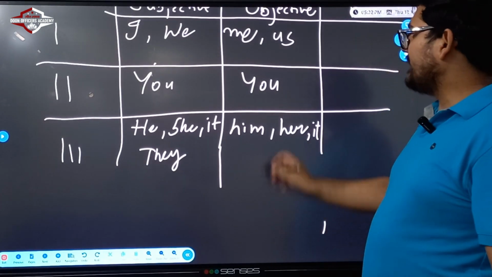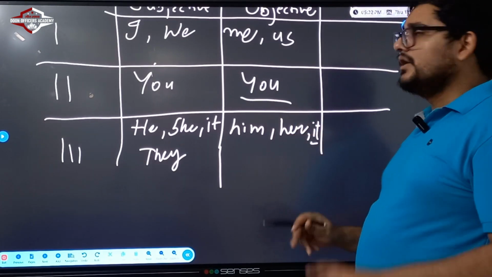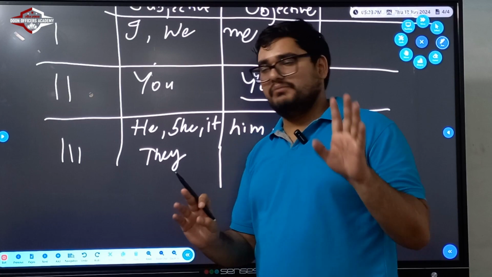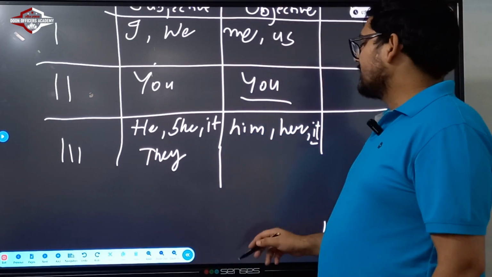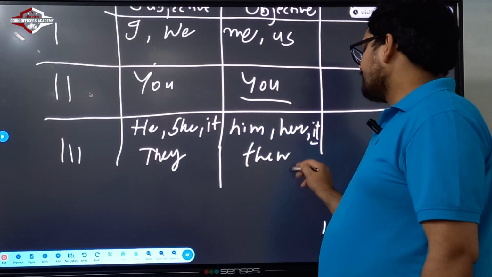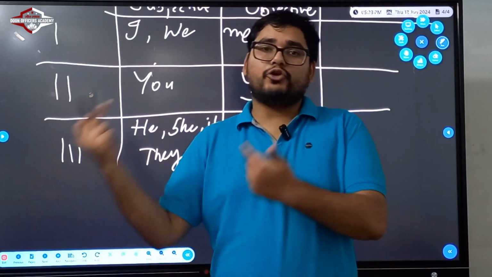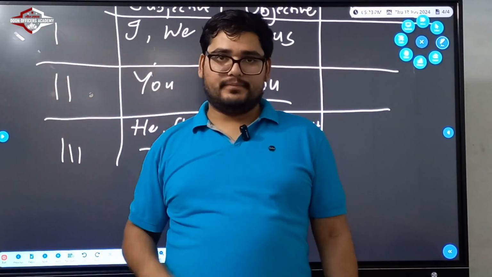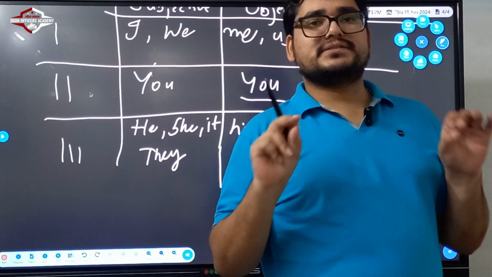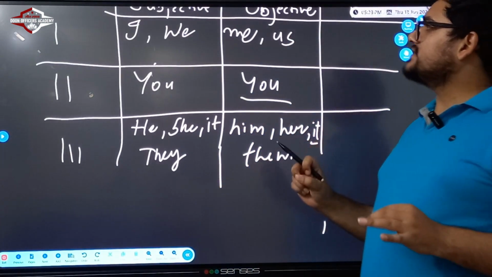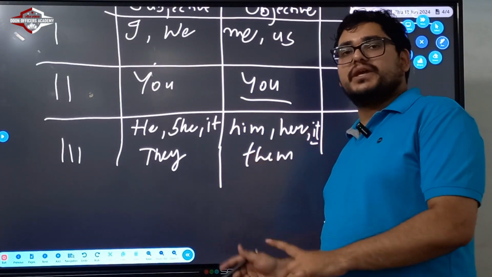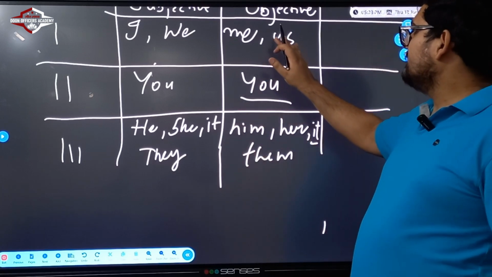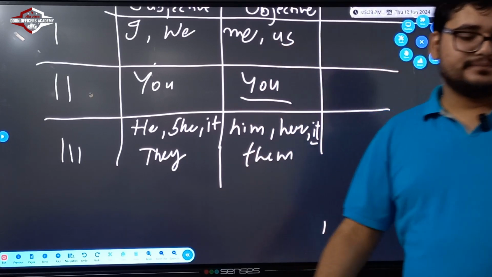It won't change. So please note that you and it do not change, they remain same. Then they changes to them, right? They talk to me, I talk to them. So please note, this is subject to the change in subject and object, the position, right?